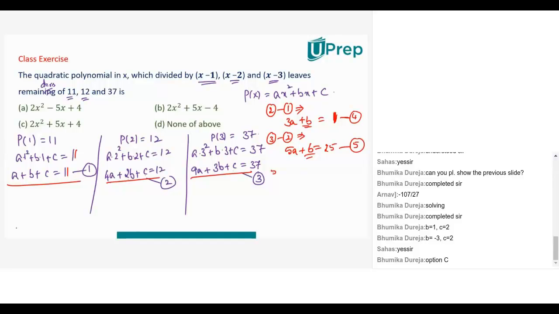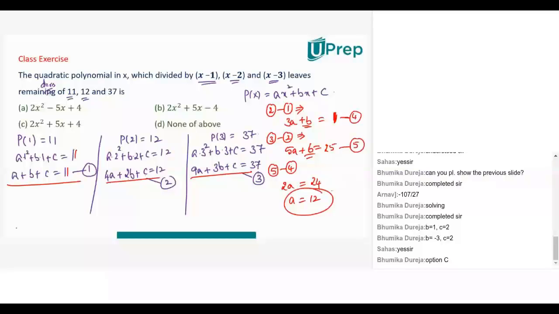So can I follow the same logic and subtract the fourth equation from the fifth equation? 5a minus 3a, 2a, plus b minus b cancels. 25 minus 1, 24. At least I got a value comfortably. a is 12.